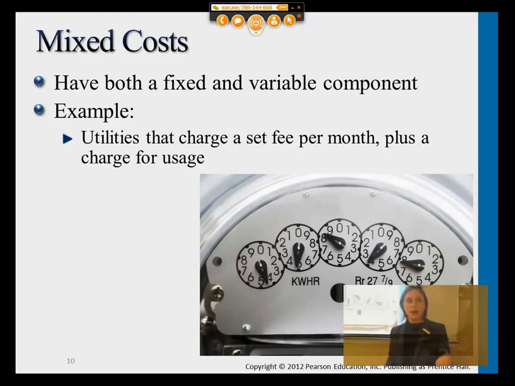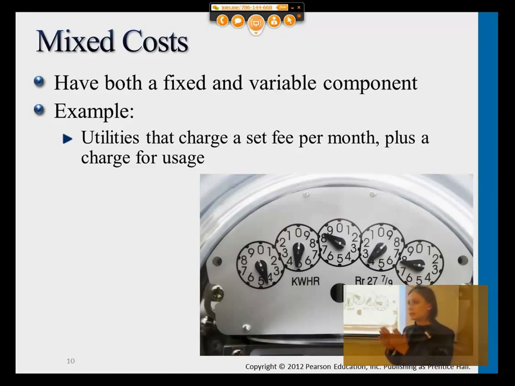So if you had 101 minutes, you're going to pay the $50 for 100, and then for 1 minute you're going to pay 50 cents. Your $50 is a fixed cost, and that 50 cents per minute is your variable cost.